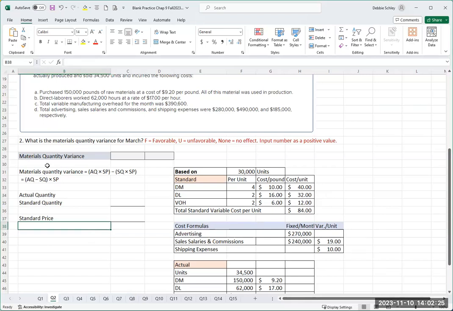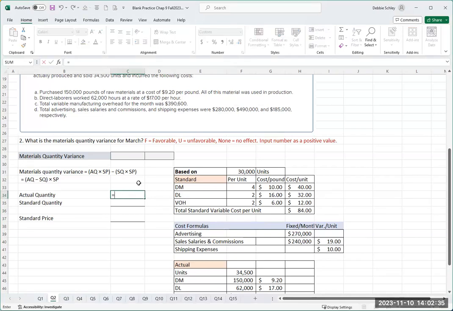Materials quantity variance. So we're going to take the actual quantity, which they told us was 150,000.